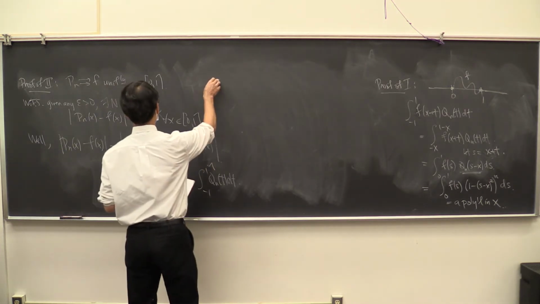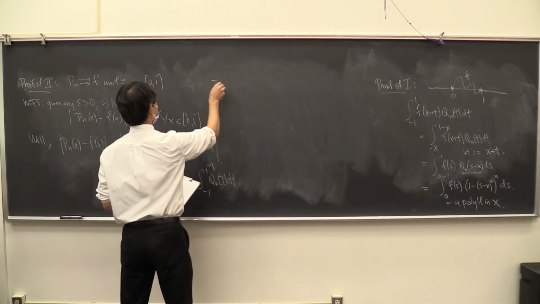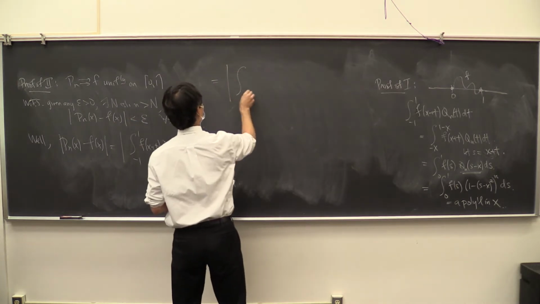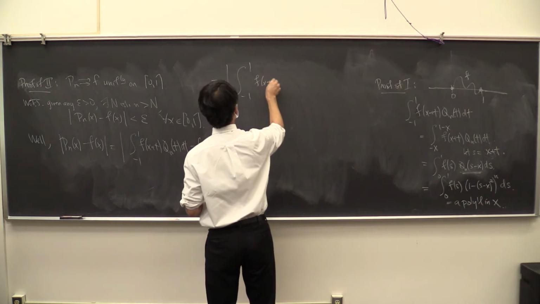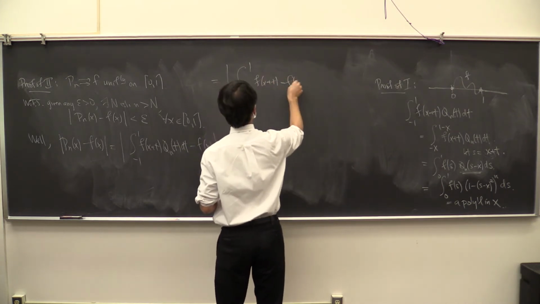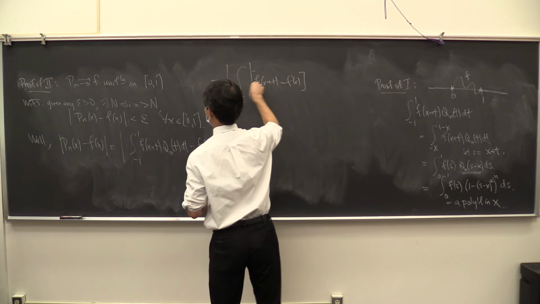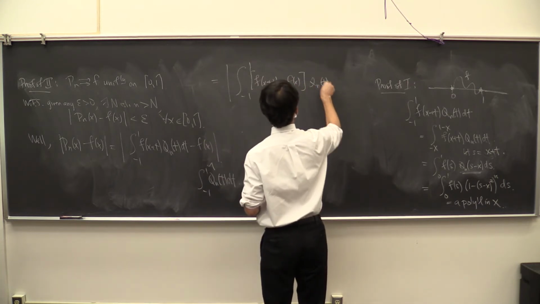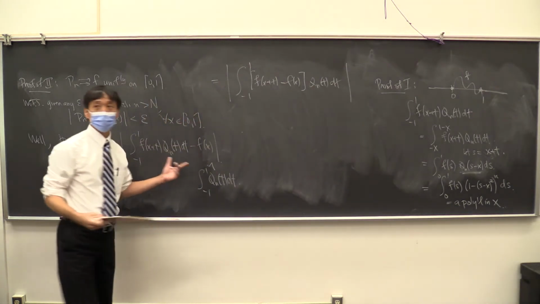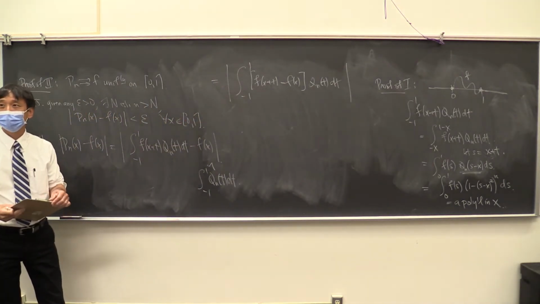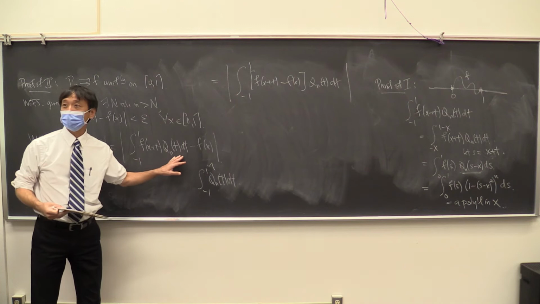Okay. So we get the integral from -1 to 1 of f of (x plus t) minus f of x, times Q_n of t, after we combine those two integrals together. Okay, everybody all right?